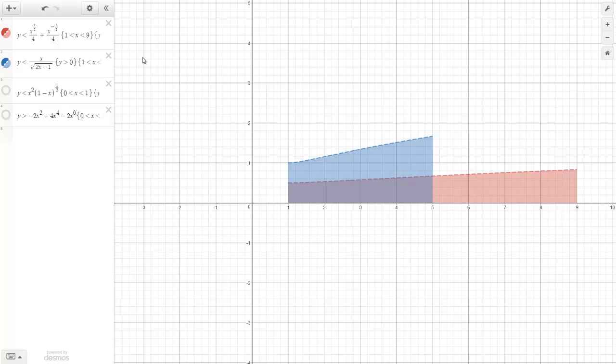The area of the red shaded area is exactly the same as the blue shaded area. But whereas the blue function was hard to integrate, we transformed it to the red function, which we could integrate. It took us a little while, but it wasn't impossible. And they both have the exact same area.